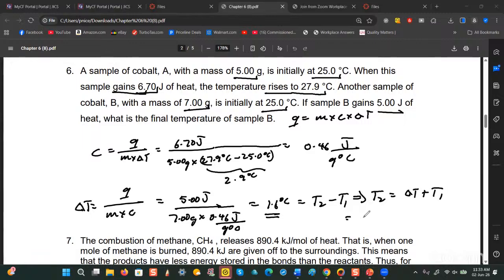Delta T is 1.6 degrees Celsius, and T1, the initial temperature, is 25.0 degrees Celsius. So you're going to add these two together, and this will give you 26.6 degrees Celsius as the final answer. All right, and that's how you do it.